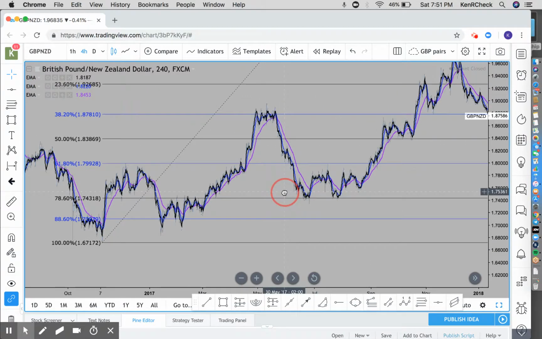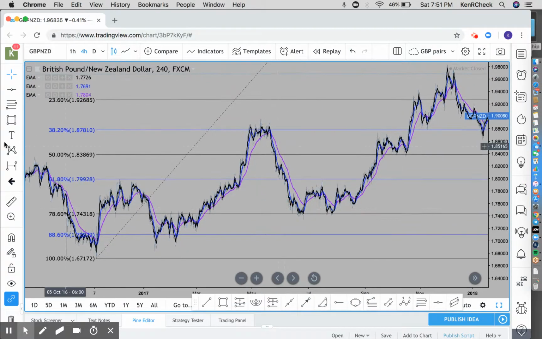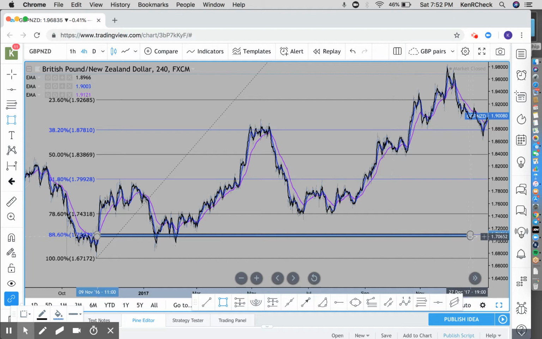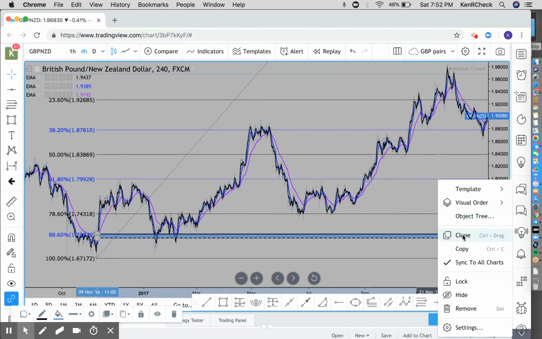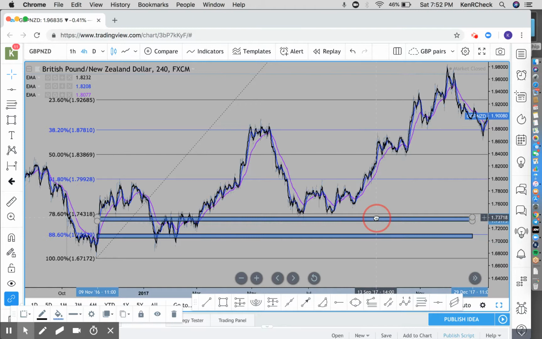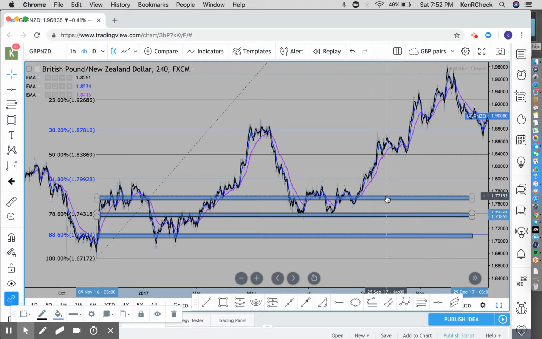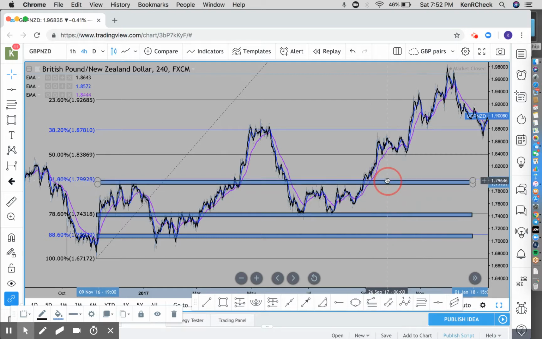All right, so perfect. So now we're going to get the rectangle tool, and we're going to have it marked up all the way. Simple. So now we're going to clone it and have it on the 78. Clone this again. Major key level.